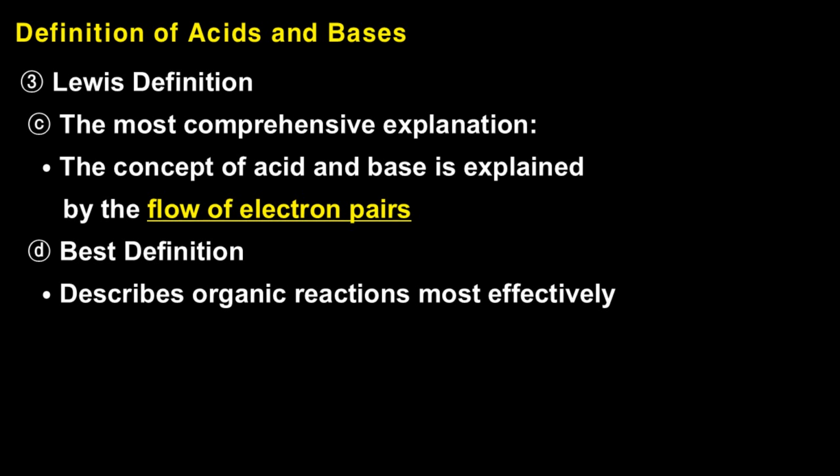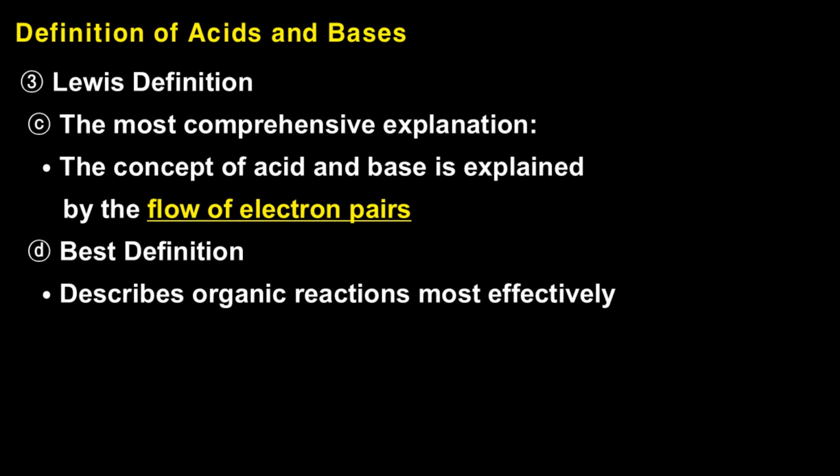The best part about the Lewis definition is that it explains a much broader range of acid-base reactions, especially in organic chemistry. A lot of important reactions, like electrophilic and nucleophilic interactions, make the most sense when you look at them through the lens of Lewis acids and bases. It's also incredibly useful in transition metal chemistry, where metal ions often act as Lewis acids, accepting electron pairs from ligands.